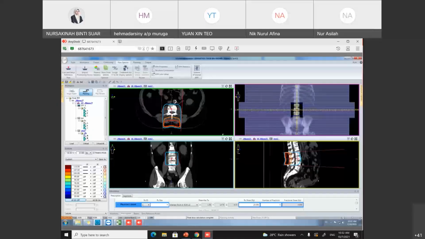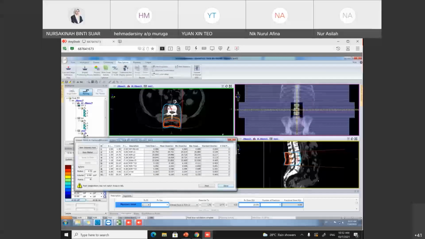So imagine if I put 10 cm depth here, for example, because I want to cover the vertebra 100%. Imagine how hot it will be at the posterior part. Maybe you can't imagine it, so let me show you. Let's say this point, 100%. Okay, just 0.5.